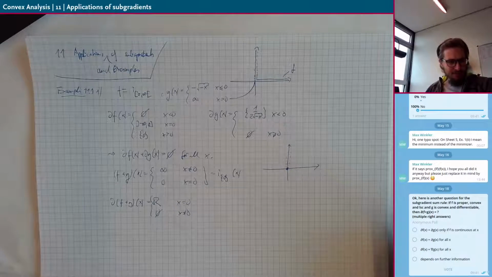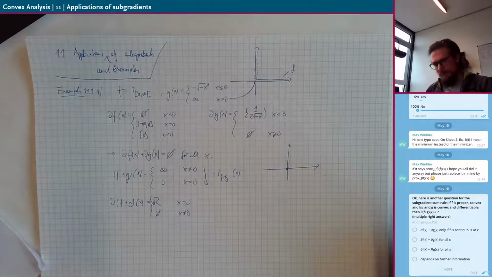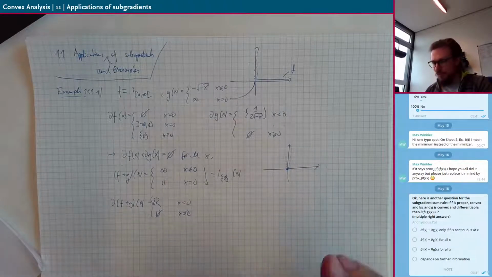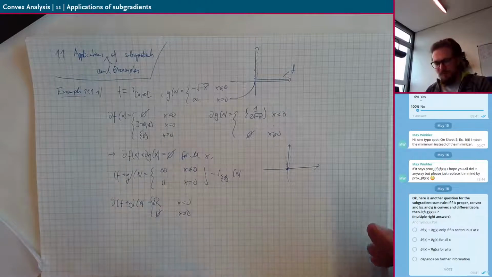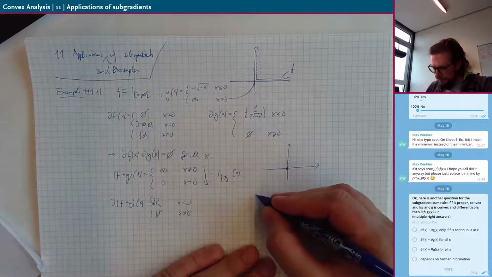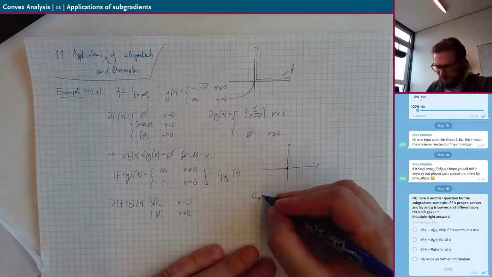Let's check what's going on in the proof and why the proof doesn't work here, since the conclusion is wrong. Remember that in the proof of the subgradient rule we had used these two sets.